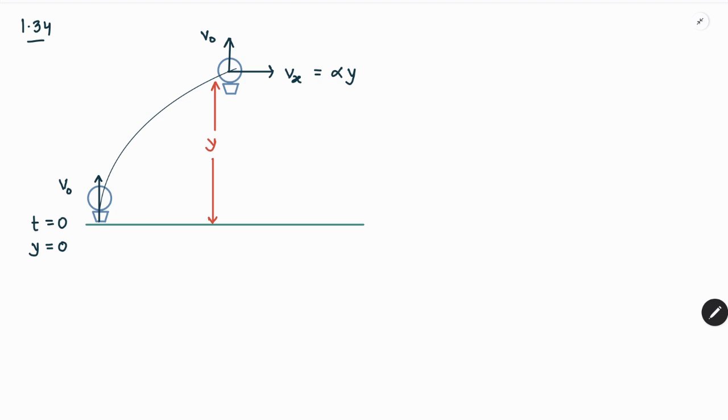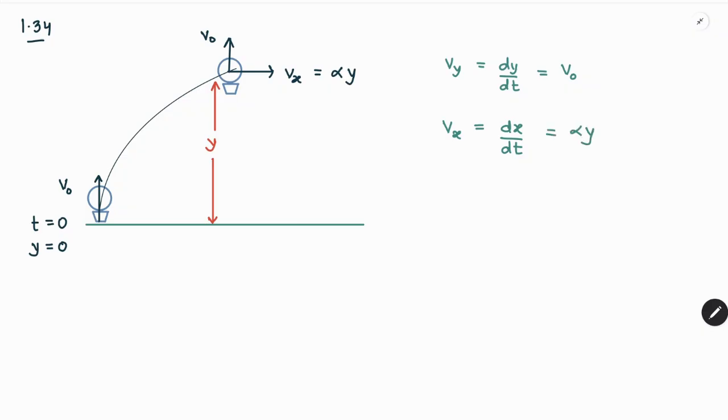So over here if we start writing the equations, we can say that the velocity vy is equal to dy by dt, which is equal to v0 and is a constant, and vx, which can be written as dx by dt, is equal to alpha y.